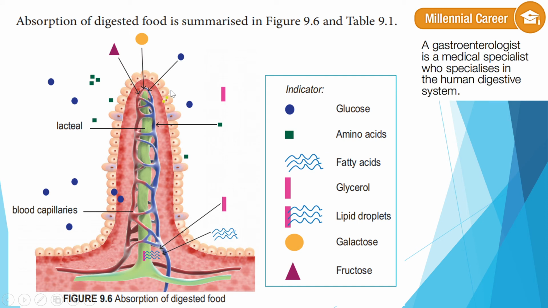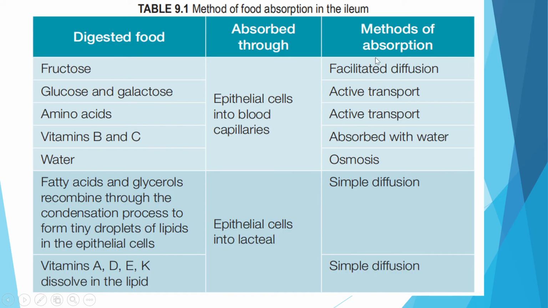So they go through all these cells and eventually into the blood capillaries. By what methods? You can see different transport: active transport, because they are against the concentration gradient, and absorption with water by osmosis. Remember, osmosis is exclusive for water transport.